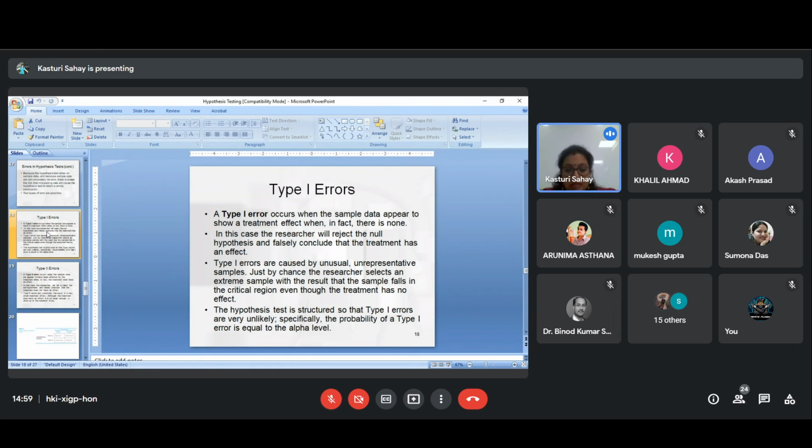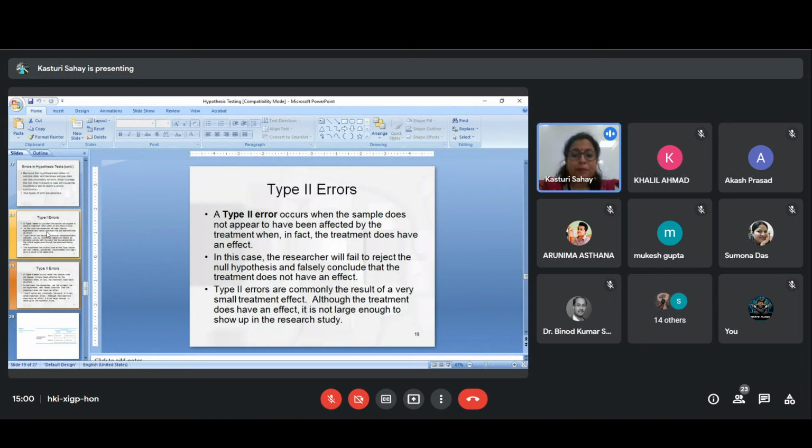I hope I'm clear. Your 5% alpha level tells you that there's a 5% chance that the sample data may show that it has a treatment effect even though there was none. And this is defined by type 1 error, or your alpha level.